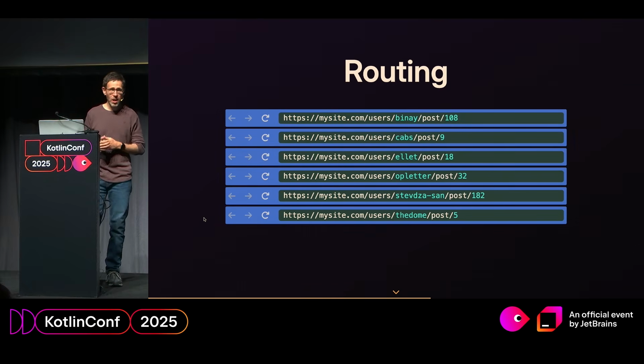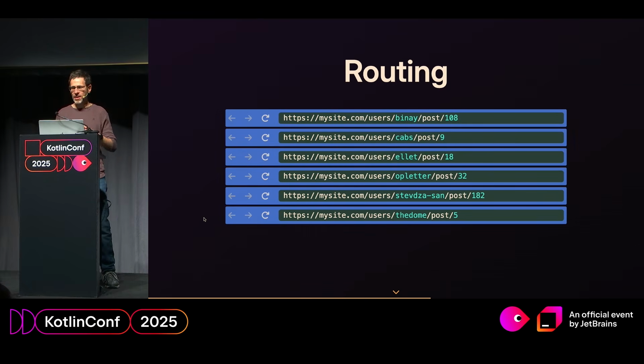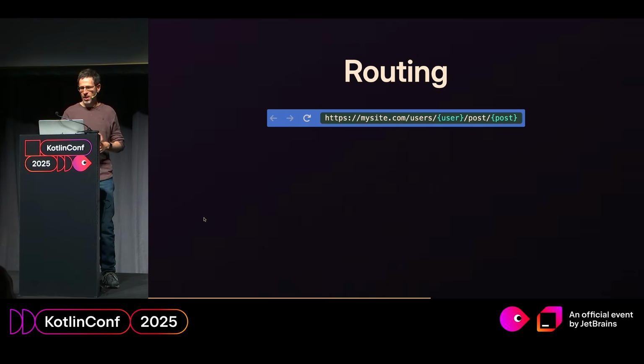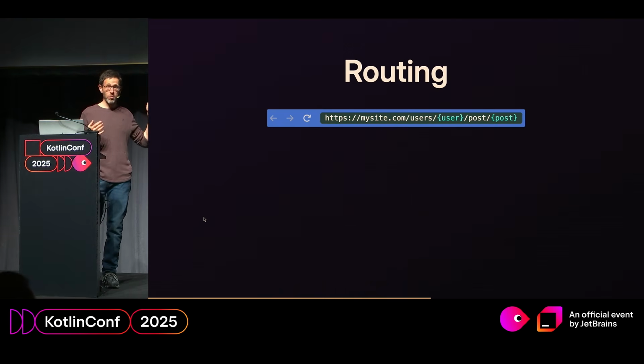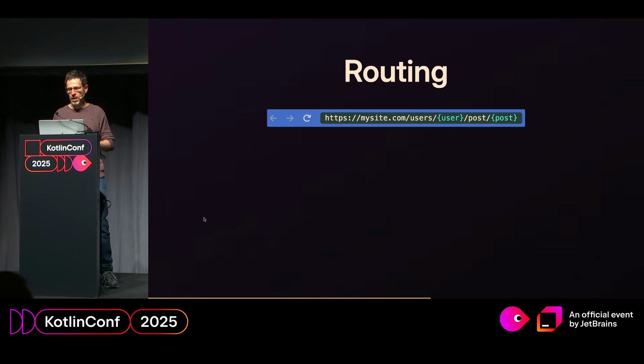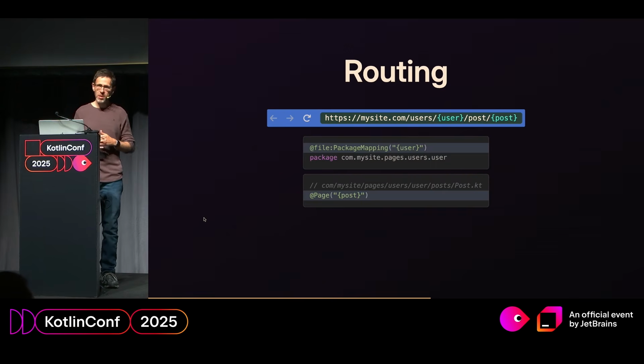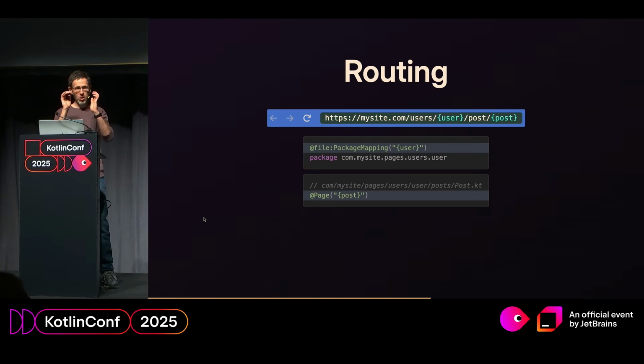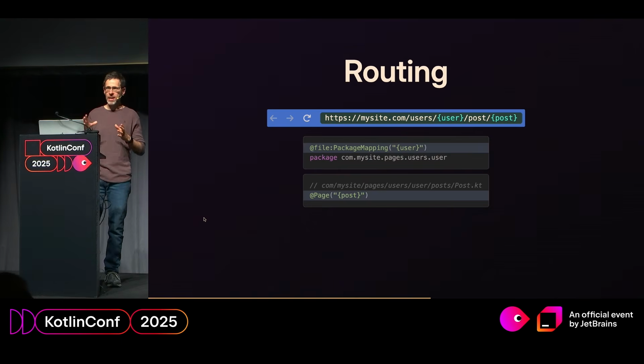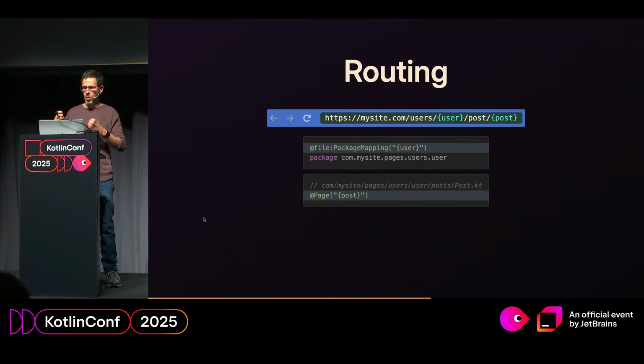Finally, there's a pattern that's common in modern websites here, where you can see that essentially we have multiple pages which really all want to be handled by the same page. This is essentially the URL you really want, and this is called dynamic routing. The way Kobweb supports this is you use those same annotations we just talked about, but you pass in a name and put curly braces, and that tells Kobweb to treat this as a value that'll absorb any input that comes in.